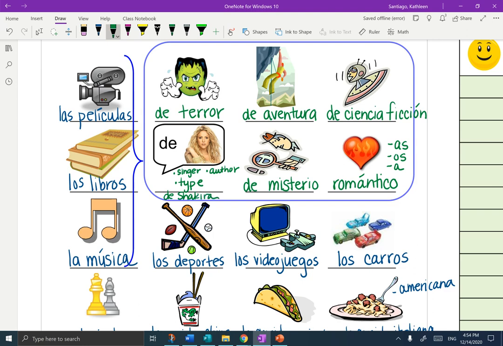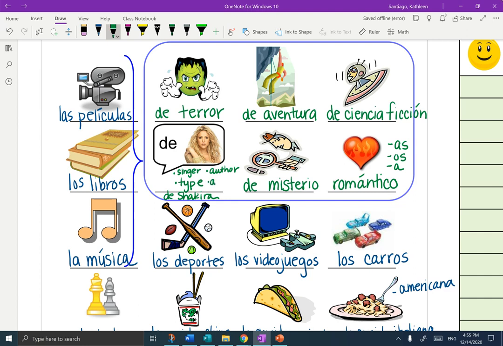I'm telling you the singer or the artist. Los libros de Hunger Games. I'm telling you like the type or the series. I could say los libros de John Grisham. Then name the author. I could say las películas de Brad Pitt, and I'm going to name the actor.